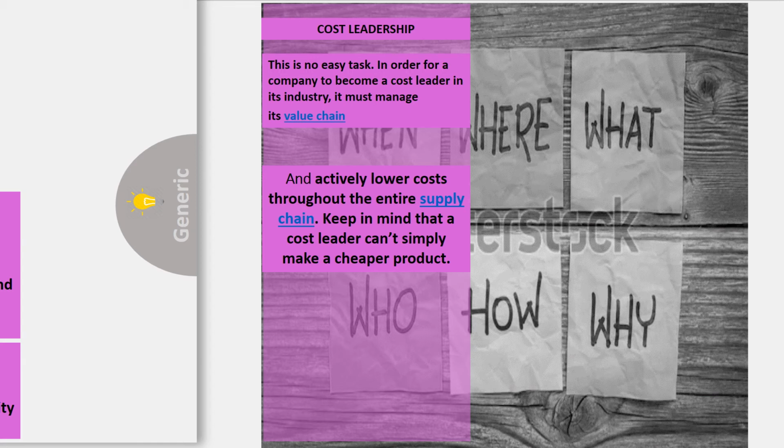Keep in mind that a cost leader can't simply make a cheaper product. Therefore, as we've stated before, you have to look at all the methods, principles and processes that you put into place. Tesco's have a process of selling other manufacturers' electrical goods, but they don't bring them into their warehouse and stock them themselves.